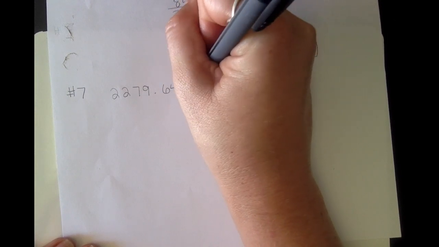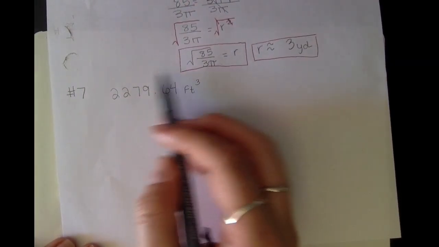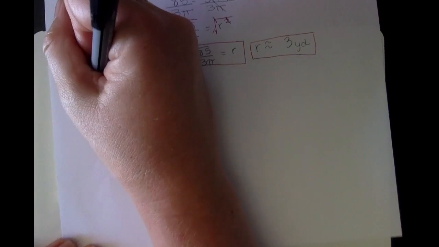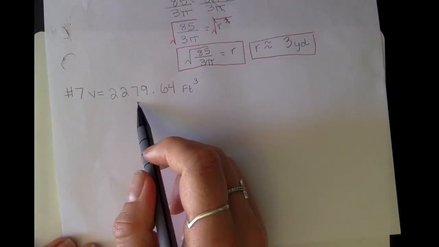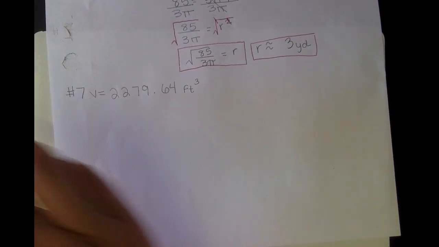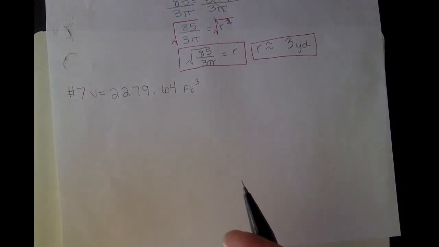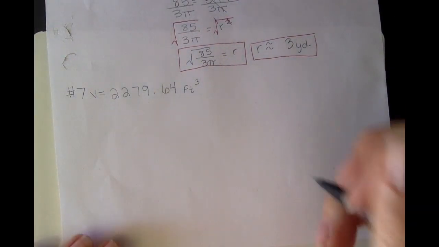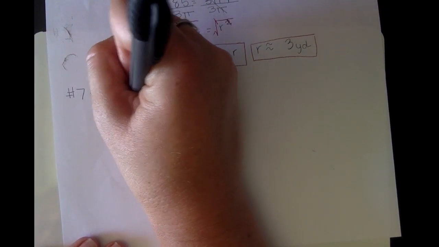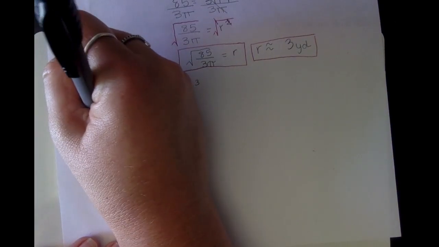Cubic feet means feet cubed, and since it's talking about a cylinder, I know that this is the volume of my cylinder. And if I look here, it says the radius of the tank is 11 feet. So my radius is equal to 11 feet. What is the height? The height is what I am solving for.